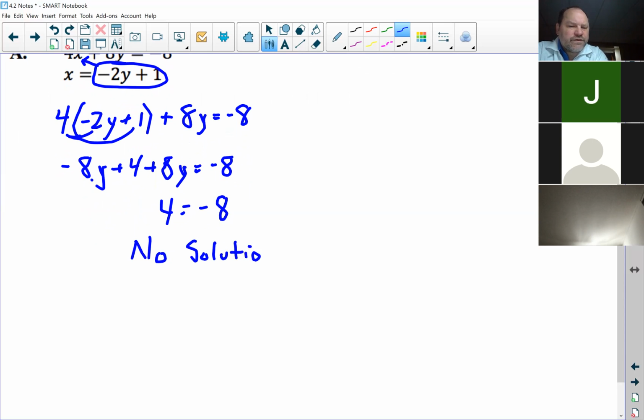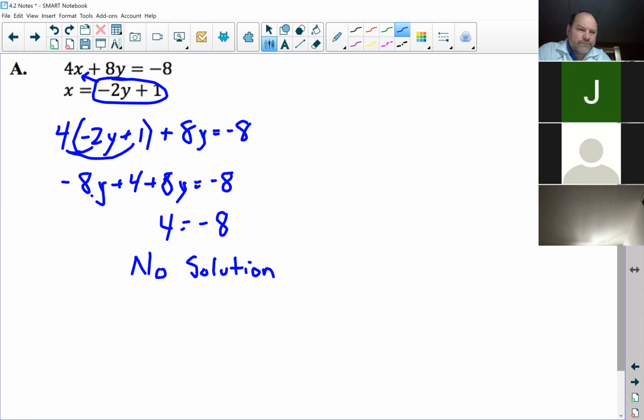In other words, there is no ordered pair (x, y) that makes both equations true. If we graph those two lines, we would have parallel lines. They would never intersect.